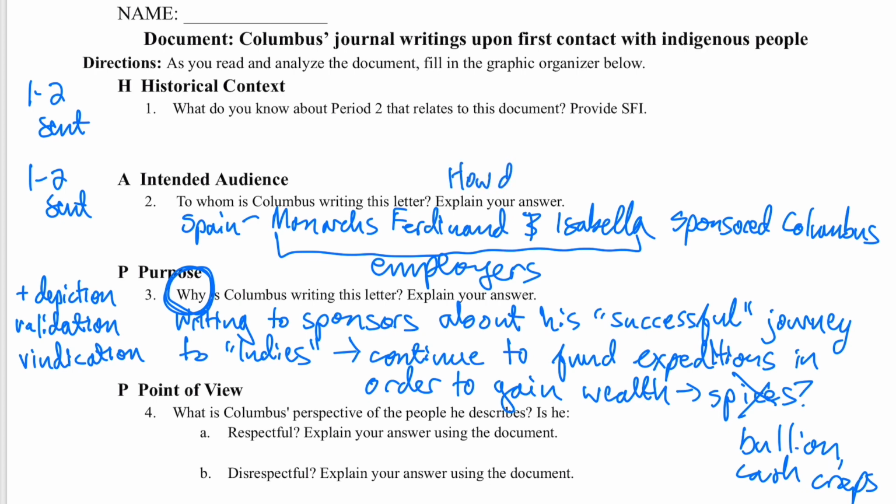Same thing with purpose, 1 to 2 sentences. You have to be able to back up your claim. You can't say that the purpose of this document is to make him look good without giving some information as to why. He thinks he has found a route to Asia. He thinks that he has found a route to the spice trade and has done his job for his sponsors.